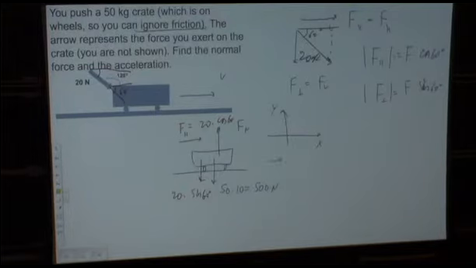And we can write Newton's law relative to each axis. Relative to the vertical axis, everything is balanced out. So one force pointing up, the normal force, must cancel out two forces pointing down: F normal minus mg minus 20 times sine of 60 equals 0.